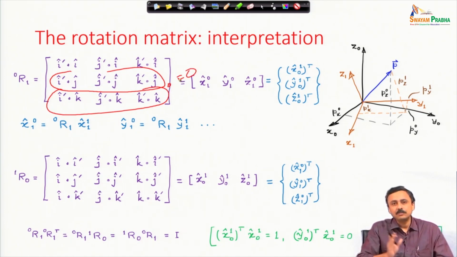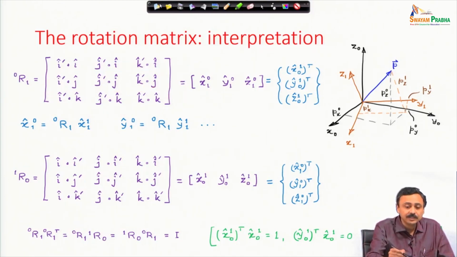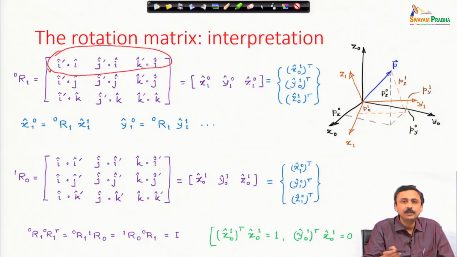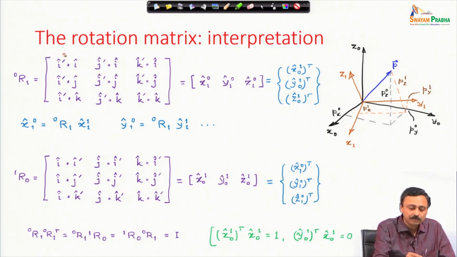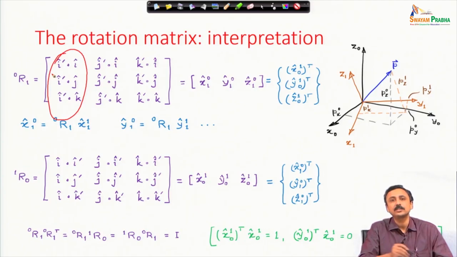So, any two columns if you take the dot product of, it is 0, any two rows you take the dot product of, it is 0, but what about the dot product with itself? If I take the dot product of this column with itself, what will happen? These are direction cosines, and you know that the sum of squares of direction cosines is 1.